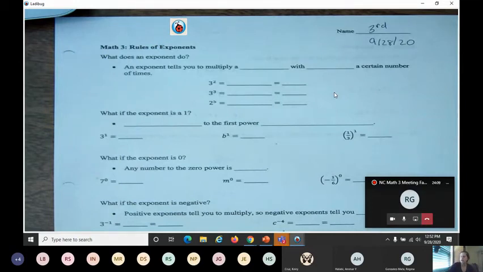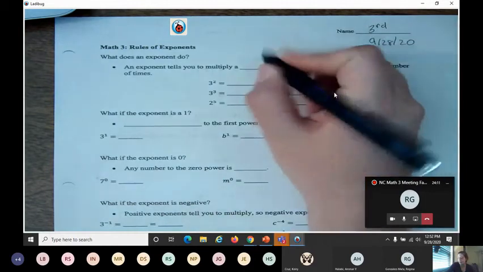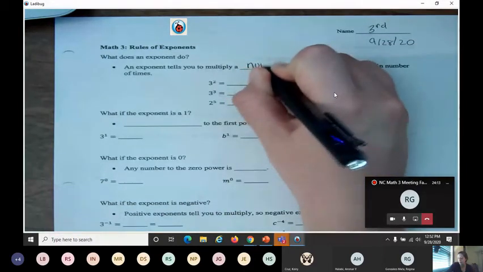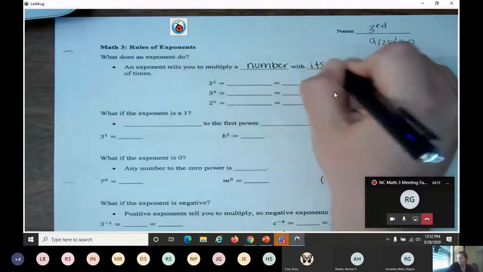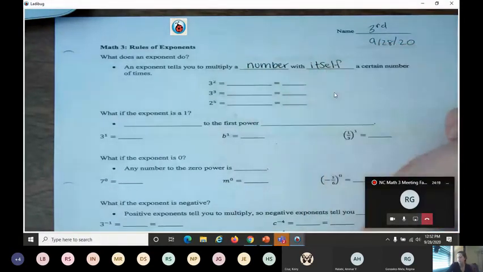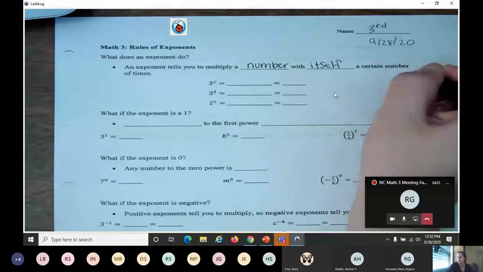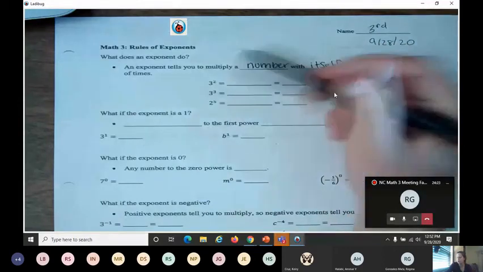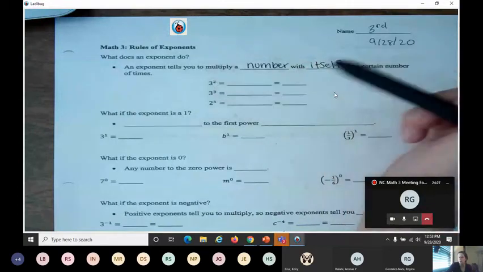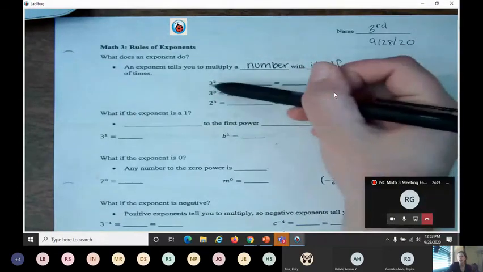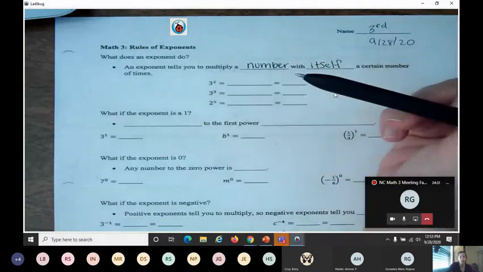So an exponent tells you to multiply a number with itself a certain number of times. So the number of times that you do it is going to correspond to the number in the superscript, the tiny number up top, and the number you're multiplying is the number in the base, okay?